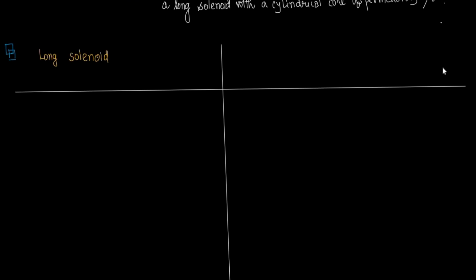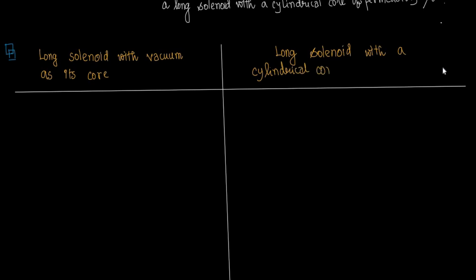Now we can compare a long solenoid with vacuum as its core, and a long solenoid with a cylindrical core of magnetic permeability mu.